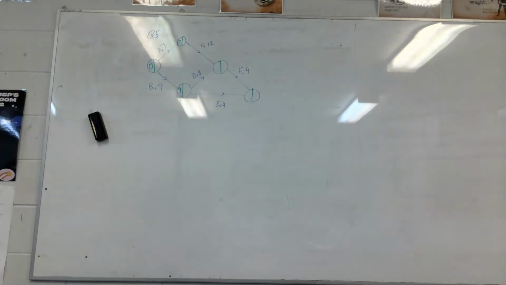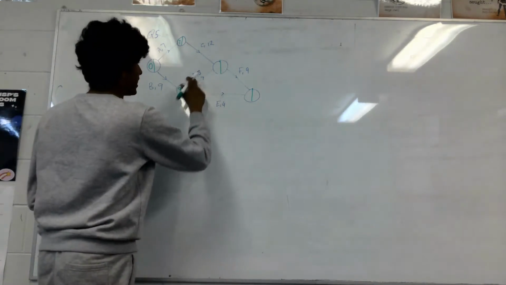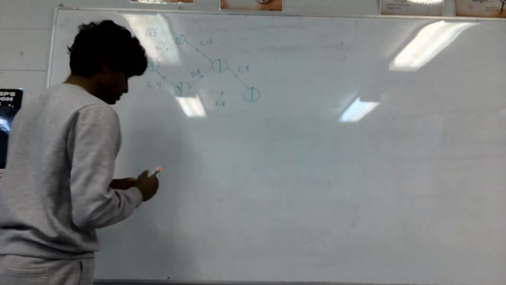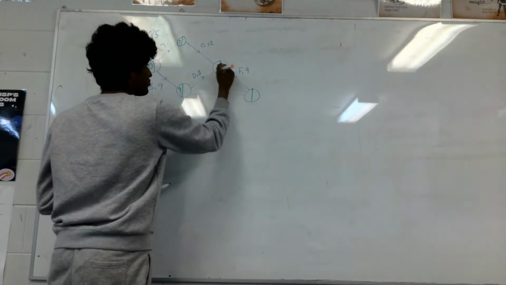Alright, remember how I said in class, once you have two areas where they meet, you got to work out which one is going to take the longest amount of time. So then we're going to look at our first one. Looking at our longest one, we've got 9 plus 8 gives you 17 coming this way.